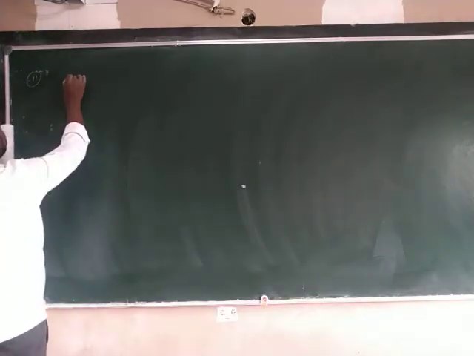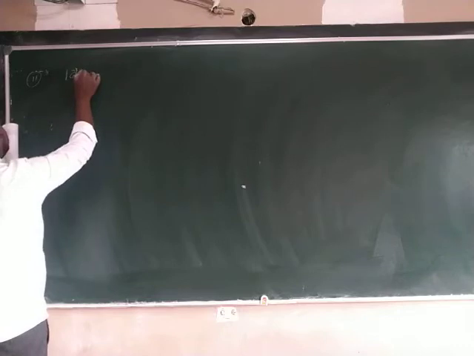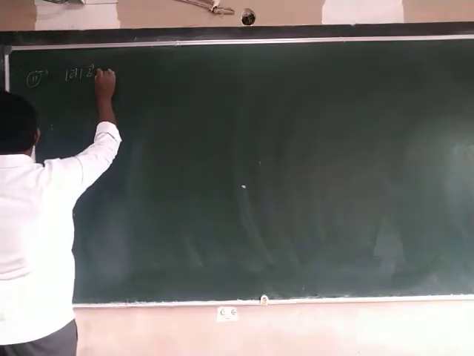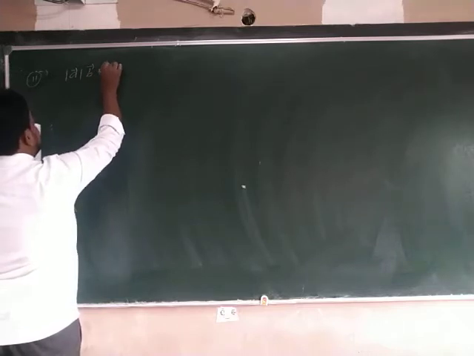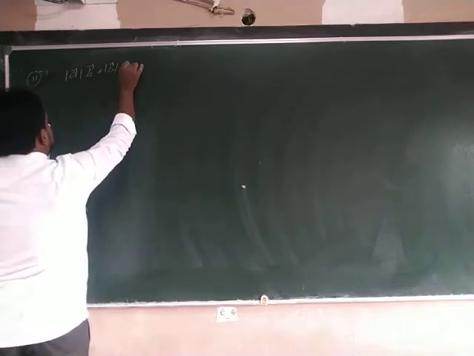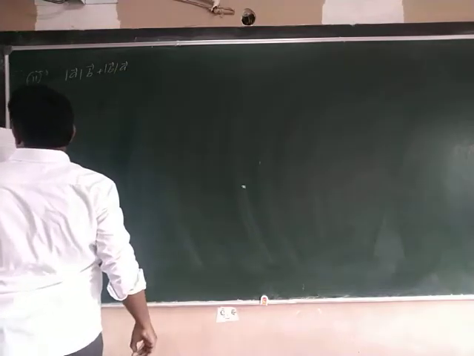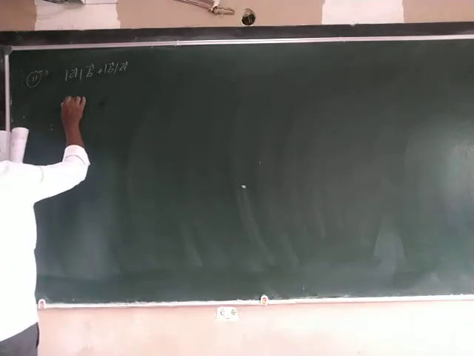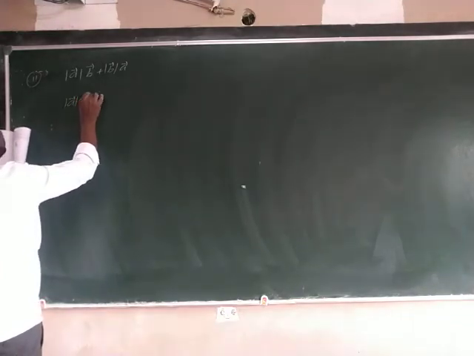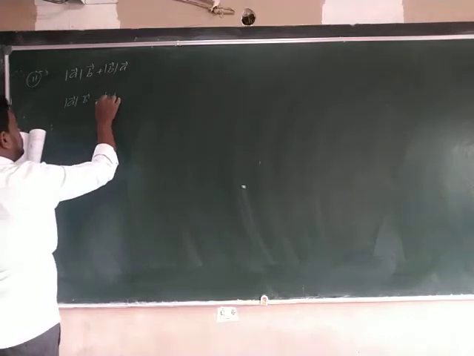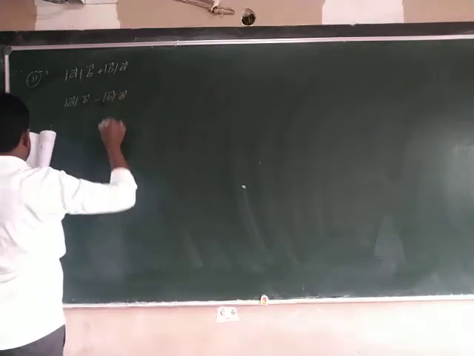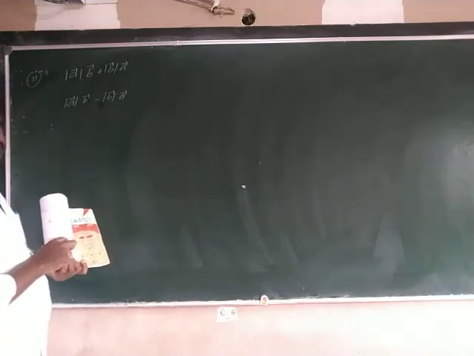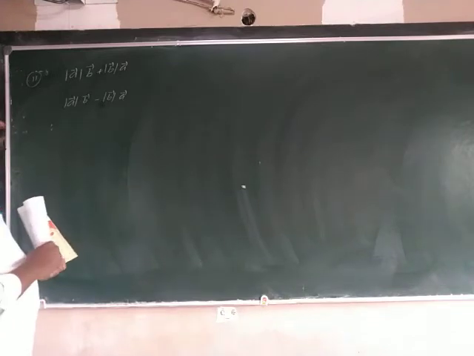Show that magnitude of vector A into vector B plus magnitude of vector B into vector A is perpendicular to magnitude of vector A into vector B minus magnitude of vector B into vector A, for any two non-zero vectors A and B. So simply, don't get confused.